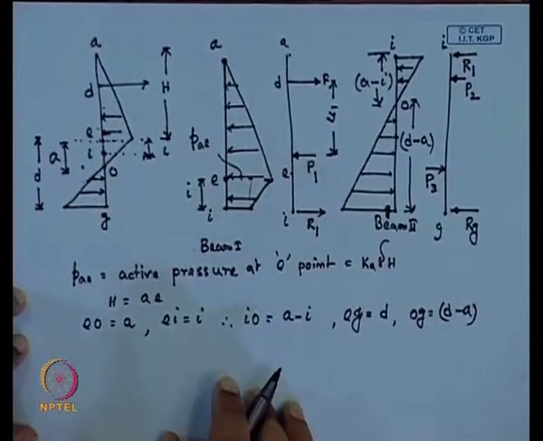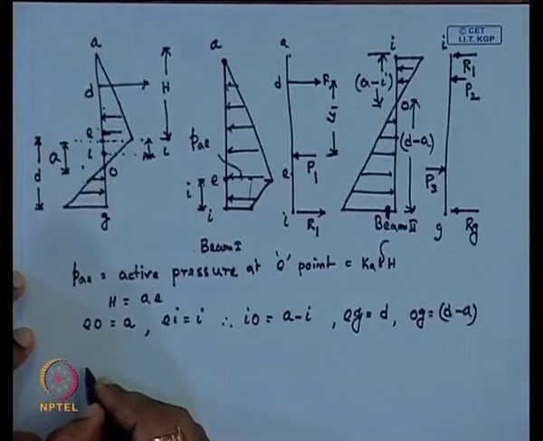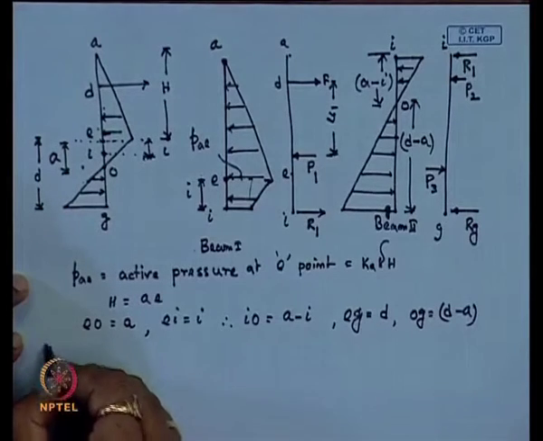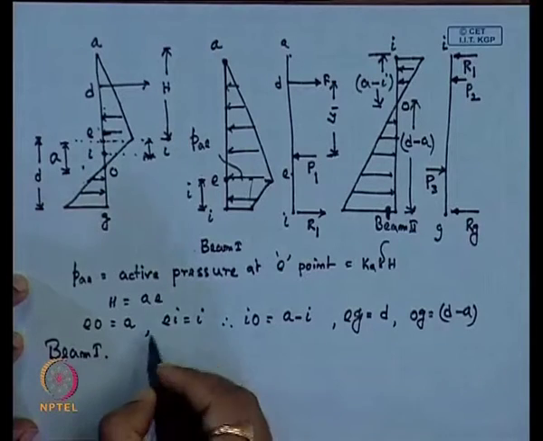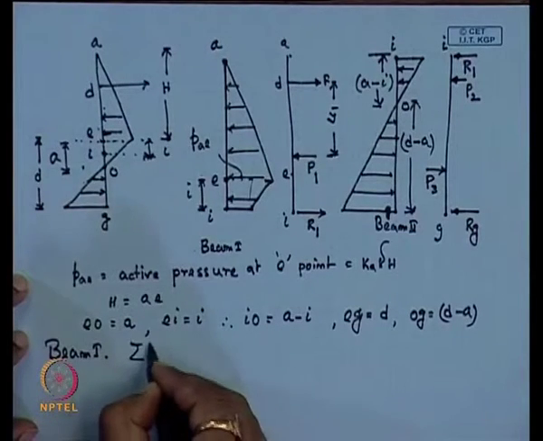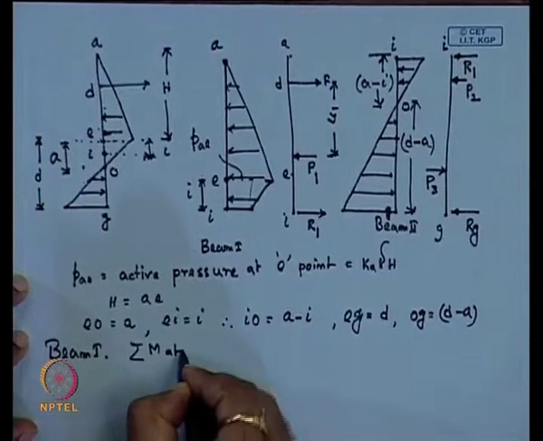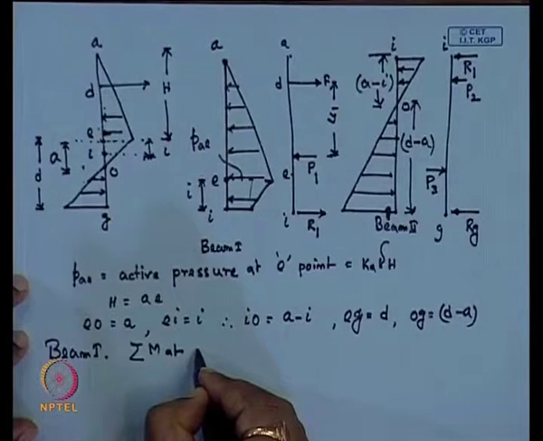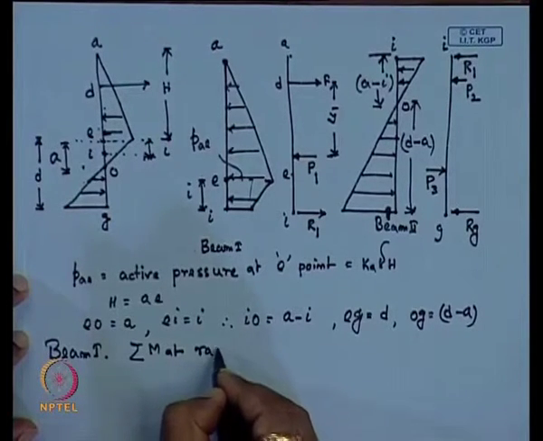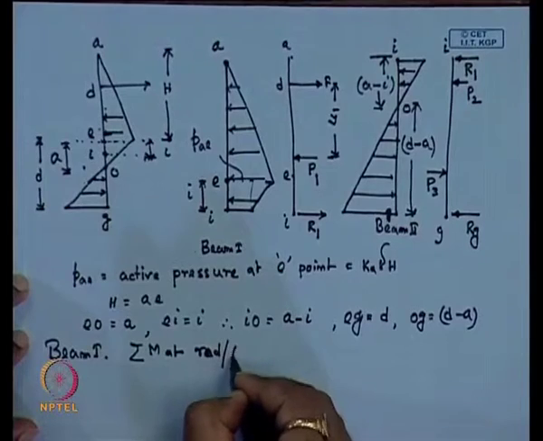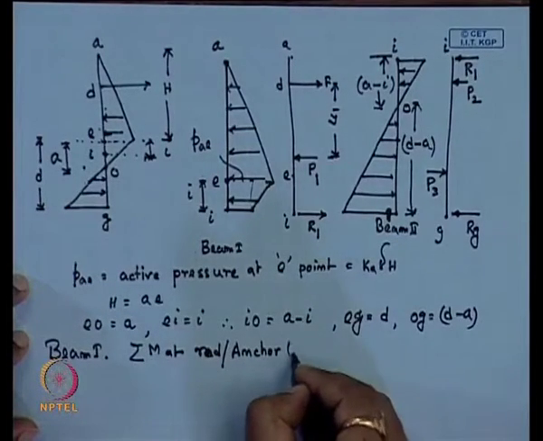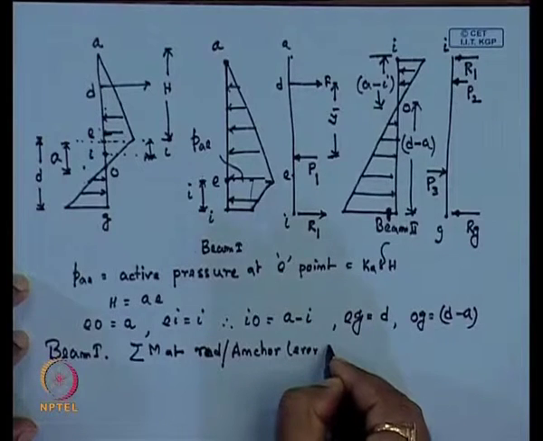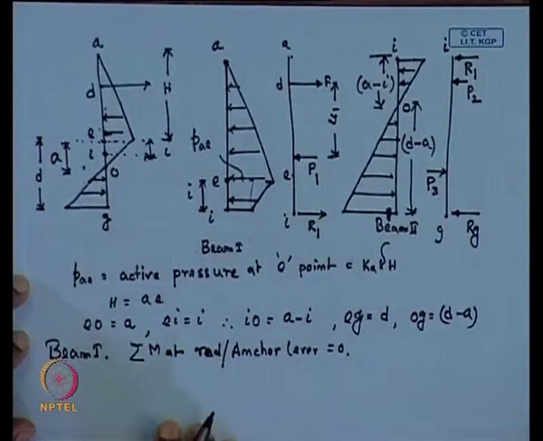Now, what are the forces that will act? First, consider this beam 1 and take the moment at anchor level or rod level equal to 0.